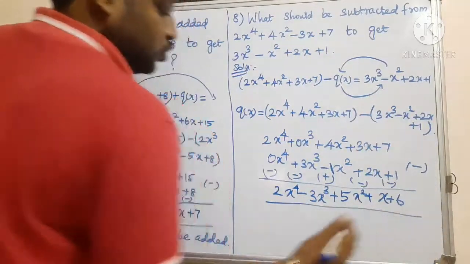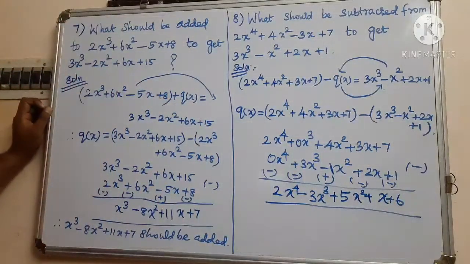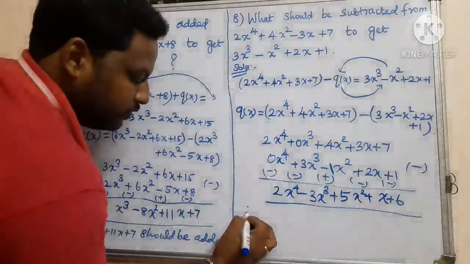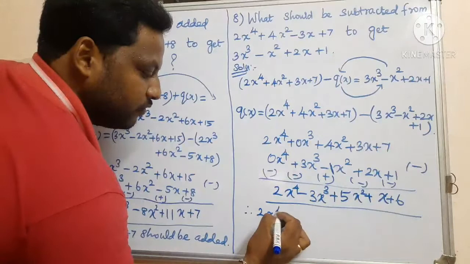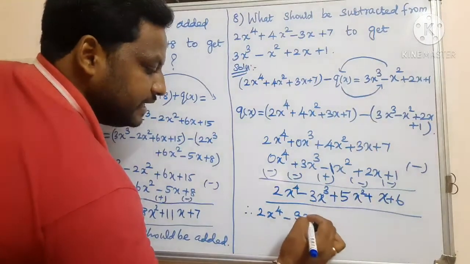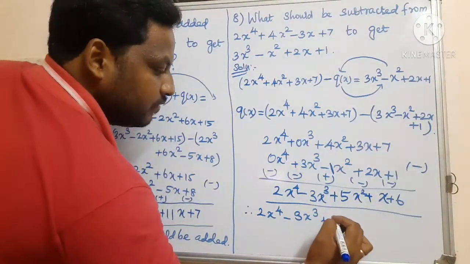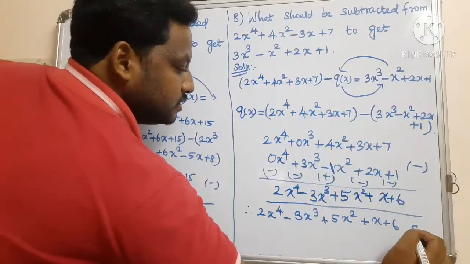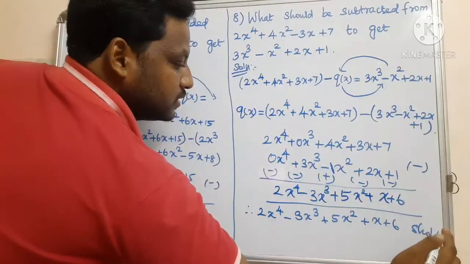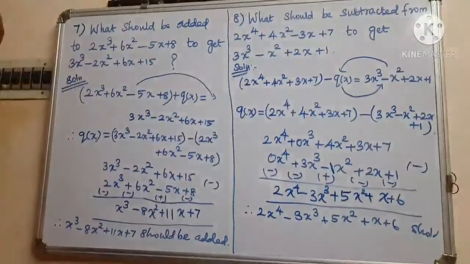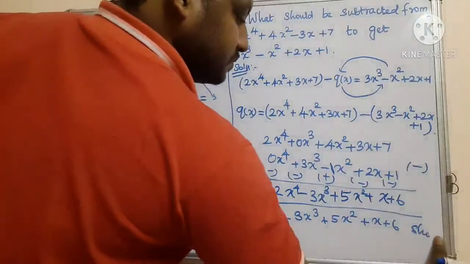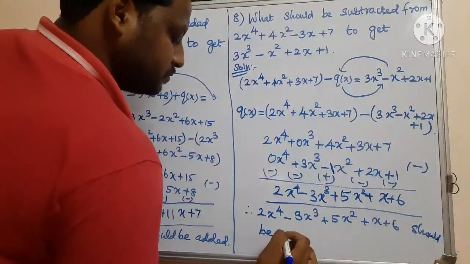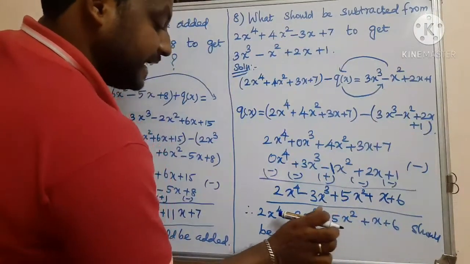So therefore 2x power 4 minus 3x cube plus 5x square plus x plus 6 should be subtracted.